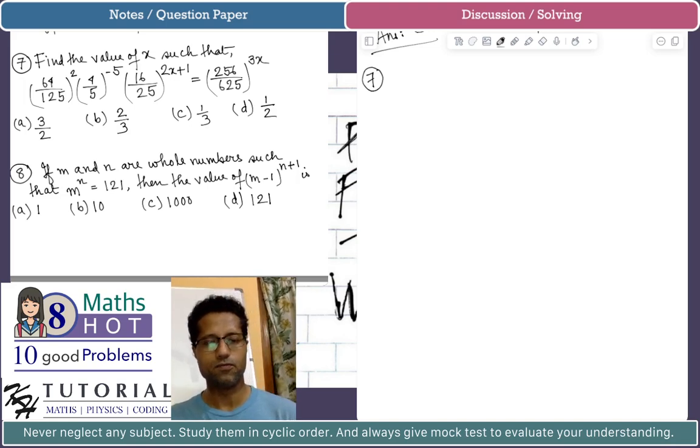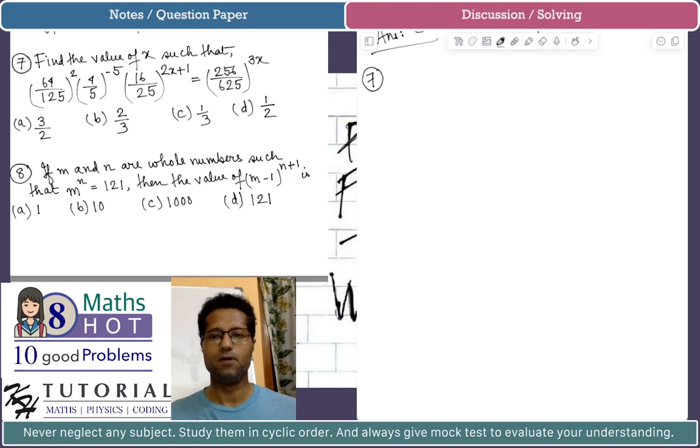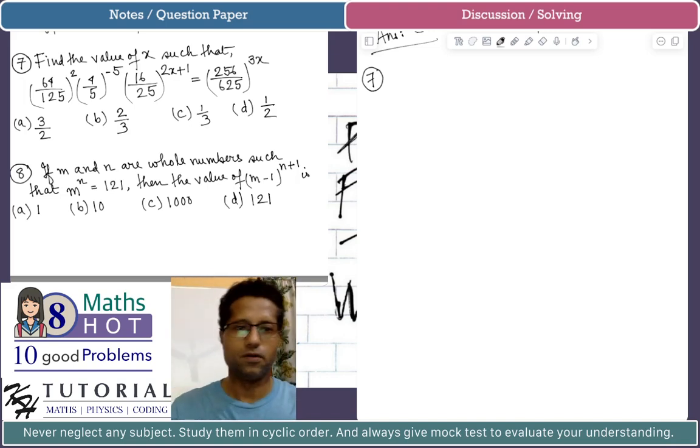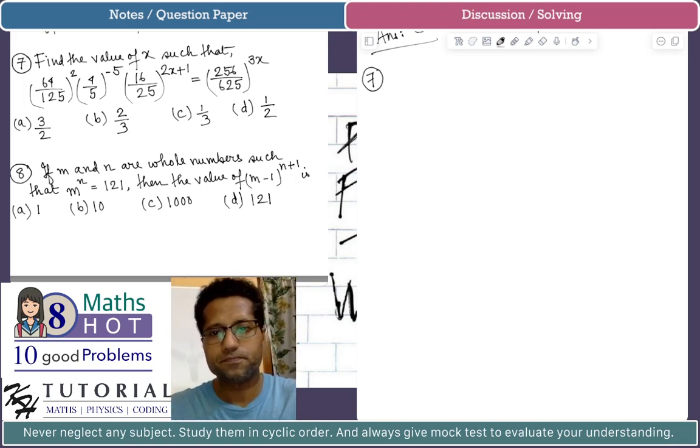So definitely we have to convert both sides to an equal base, where the base will be constant. There will be no unknown term in the base. The unknown term is in the power. Once we make the base same on both sides, we can equate the powers from both sides and solve for x. So let's see.